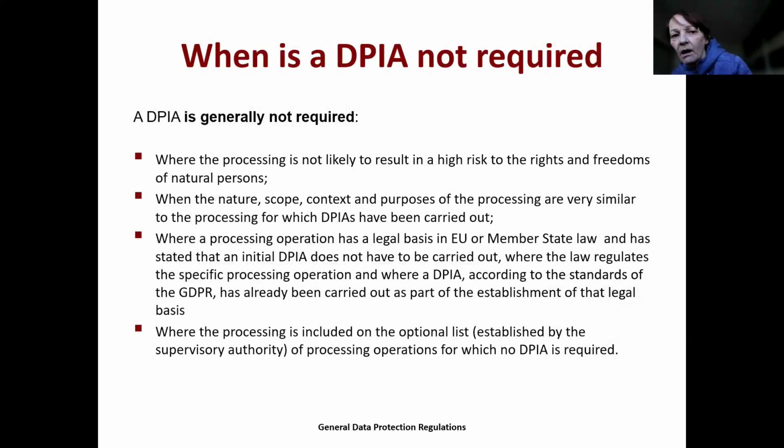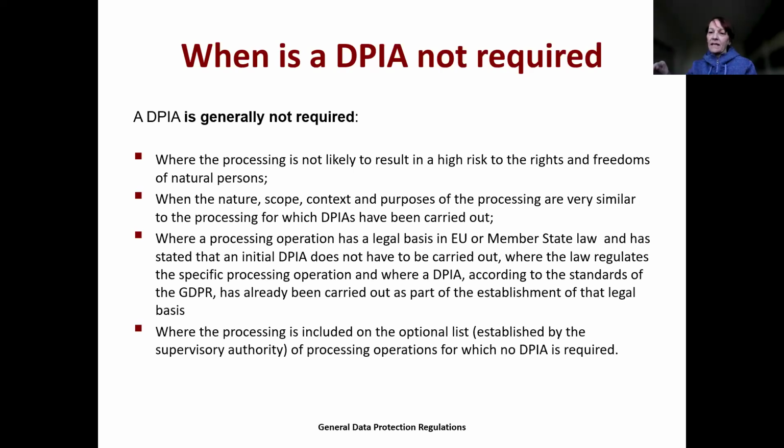A DPIA is generally not required when there's not likely to be a high risk to the rights and freedoms of individuals. The second exception is difficult to give examples of, but imagine the government decided to introduce a particular process in a number of departments first, and later decided to roll it out to other departments.